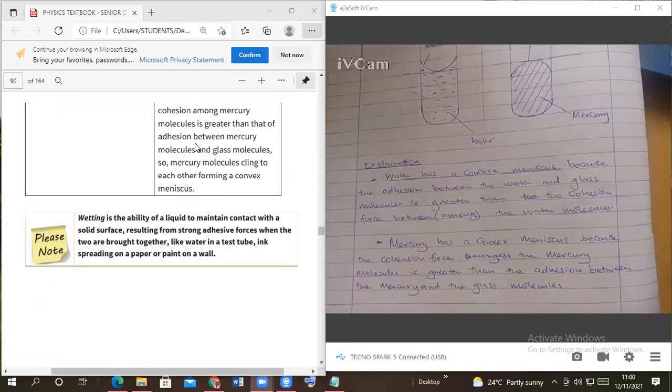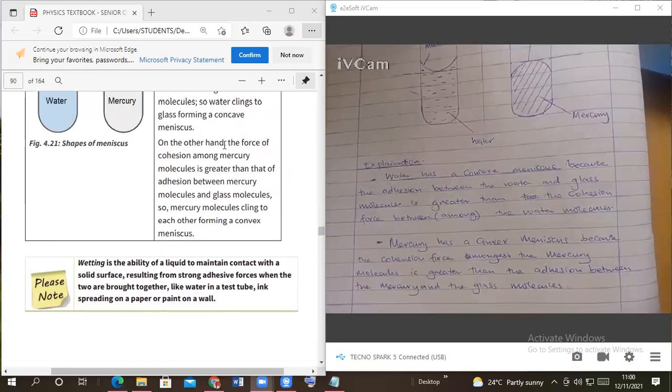That's the reason. Okay. So here they are saying that, on the other hand, the force of cohesion among mercury molecules is greater than the adhesion force between mercury molecules and glass molecules. So mercury molecules cling to each other, forming a convex meniscus.